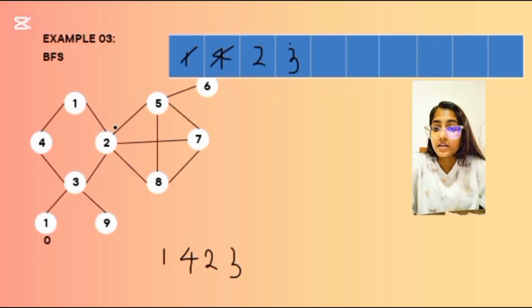You can see that the adjacent vertices for 2 are 5, 7, 8 and 3. 3 is already entered to this queue, and so you must enter 5, 7 and 8 to this queue. 5, 7 and 8.